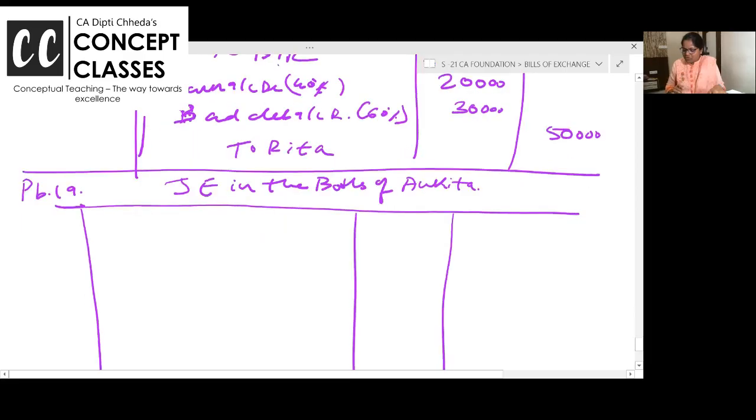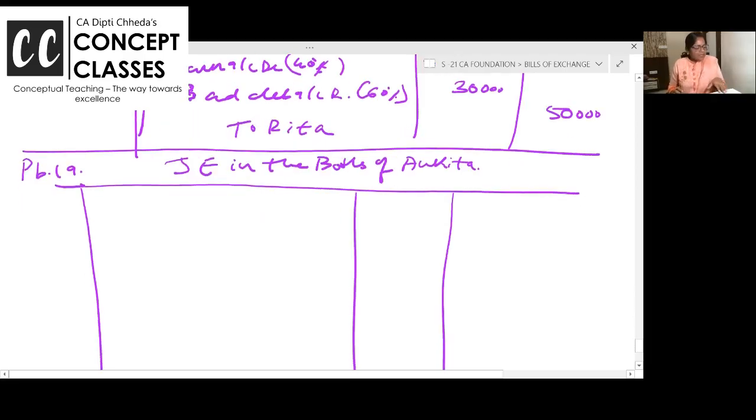Date, particulars, amount. Chalo. First journal entry. Read the problem again second time. On 1st of January, Ankita sold goods to Bhavika.